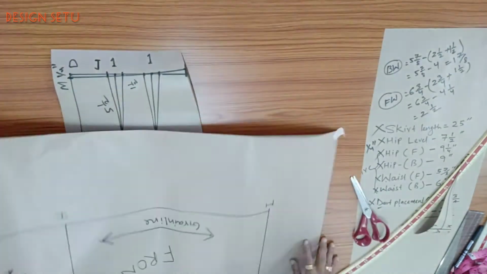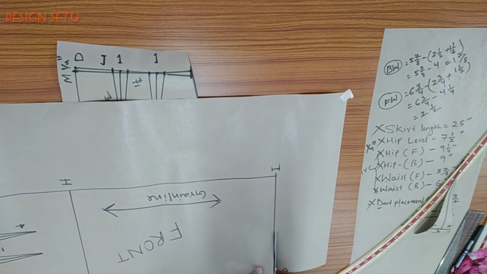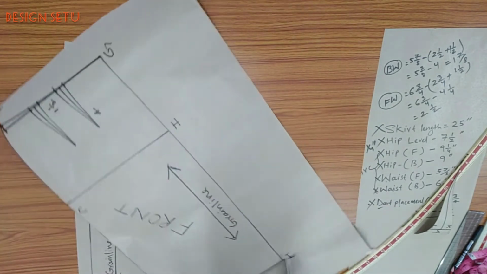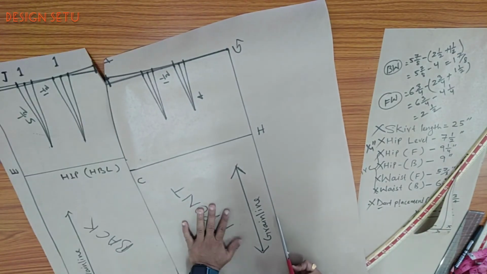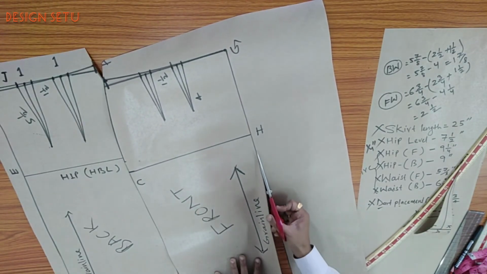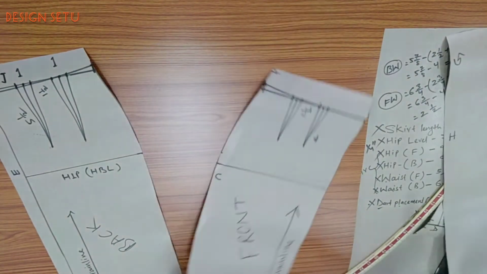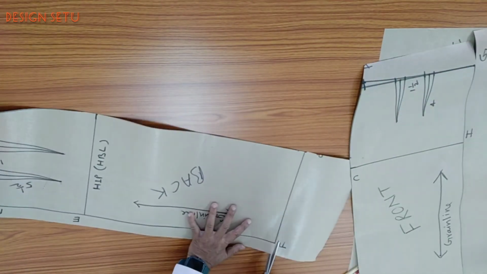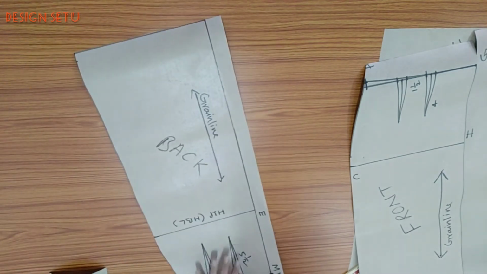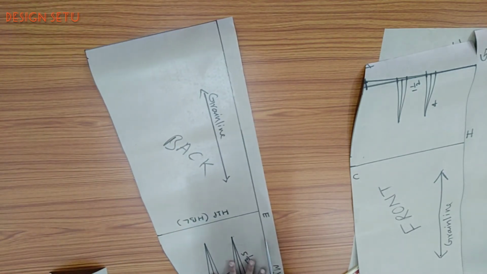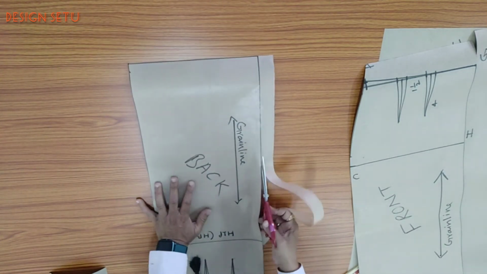The waist area does not require too much ease, that's why we have taken 1/2 inch ease. After cutting the straight part of your pattern, follow the video at the time of cutting.